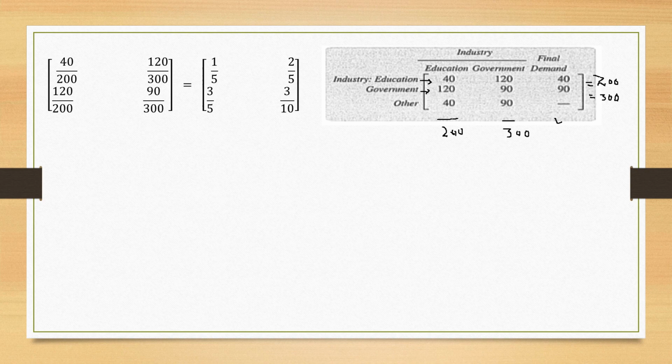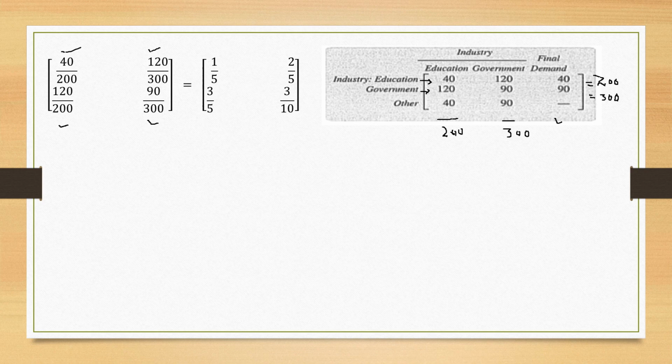Now we select only the 2 by 2 matrix, the first four elements: 40, 120, 120 and 90. The first column is divided by 200 and the second column is divided by 300. So 40 by 200, 120 by 200, 120 by 300 and 90 by 300.